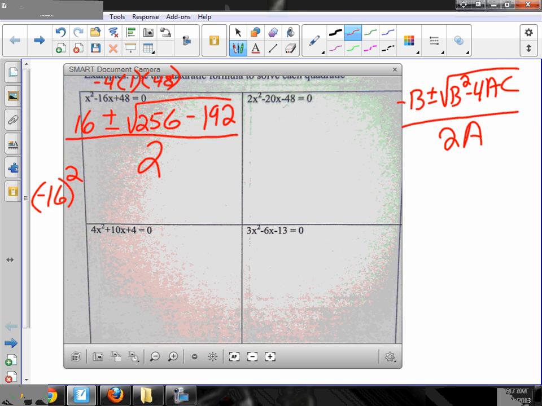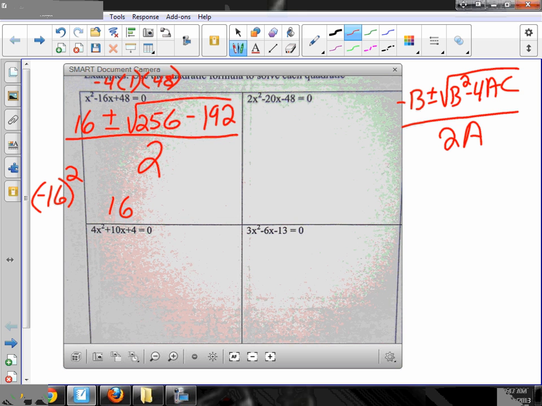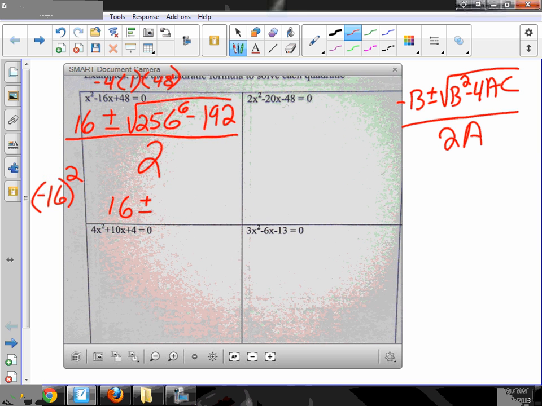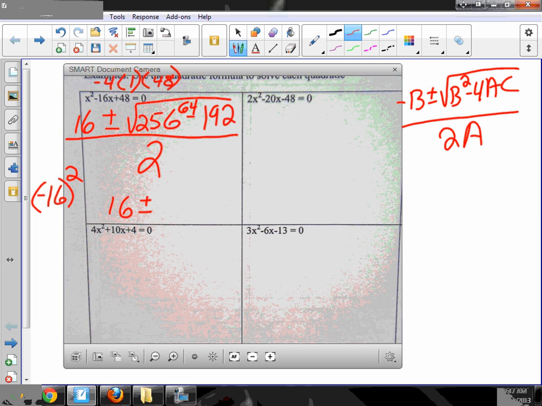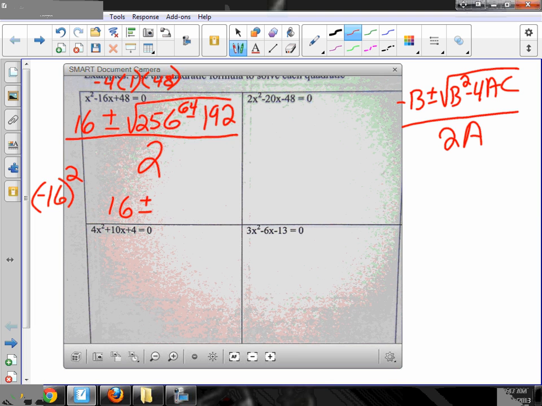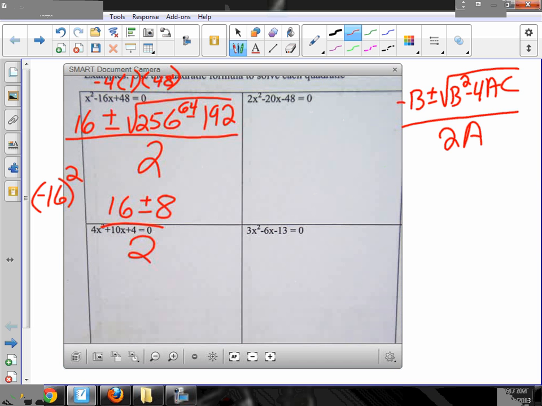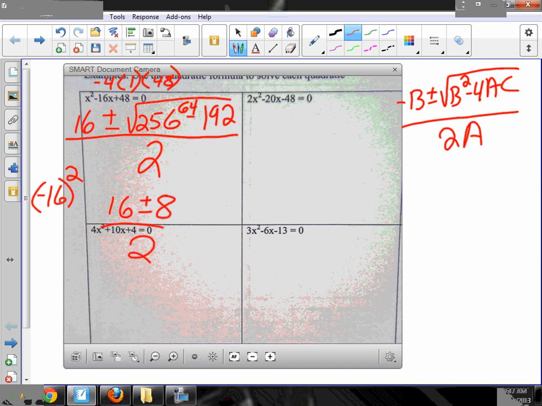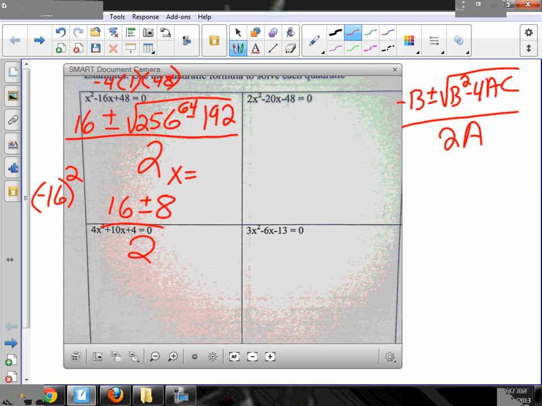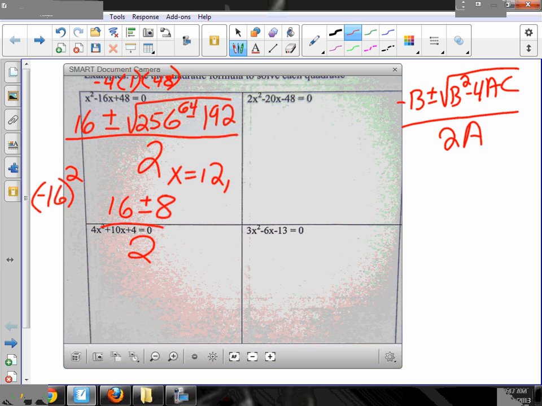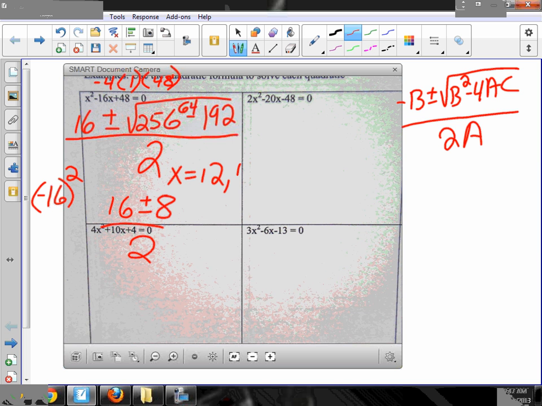So 16 plus or minus, this is 64. What's the square root of 64? 8 over 2. And 16 plus 8 is 24, cut in half. So my first root is 12. 16 minus 8 is 8 divided by 2 is 4.